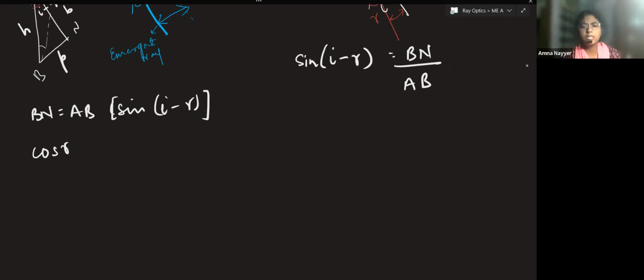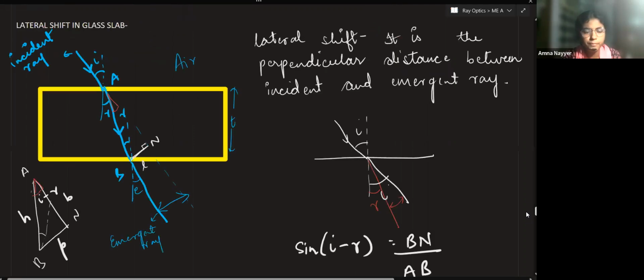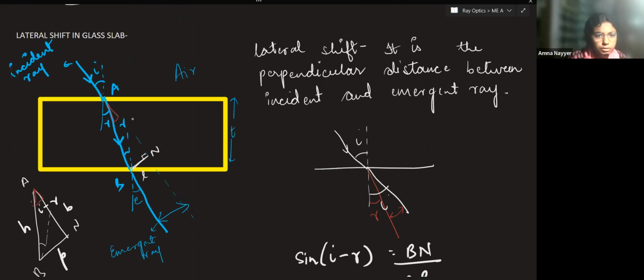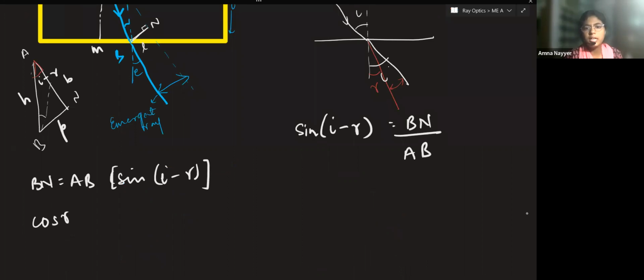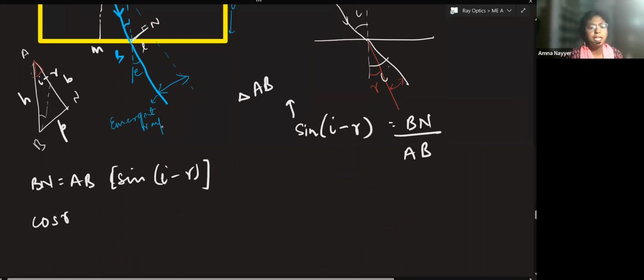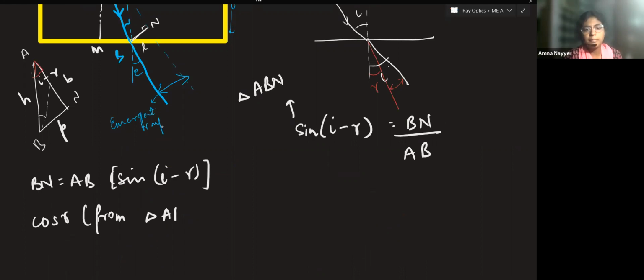See, not in this triangle, but in this one. If I extend this, because for cos theta we have to, let's say this point is some point M, in triangle AMB. This was derived through triangle ABN. And now I am writing cos R from triangle AMB.